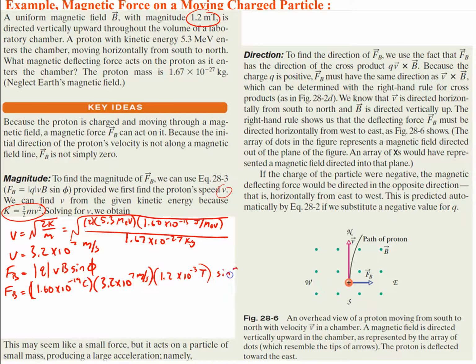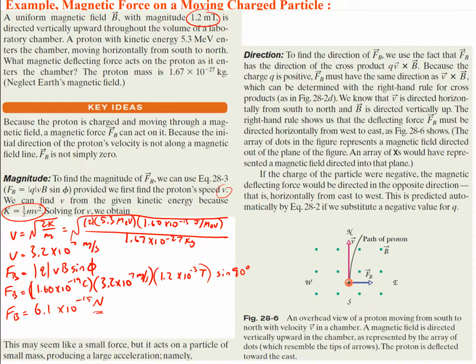And then sine of 90 degrees, which is just 1, so we don't have to worry about this term. The value we get is about 6.1 times 10 to the negative 15 newtons. Again, we're talking about a force here, so it's measured in newtons, if we keep all of our other units correct.